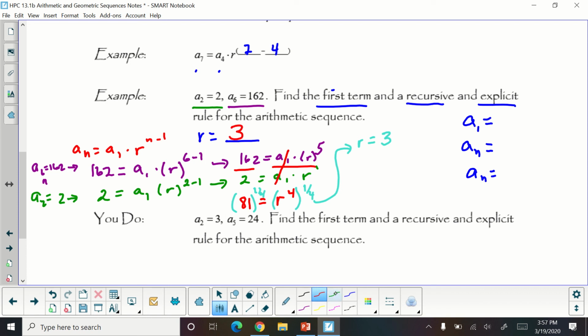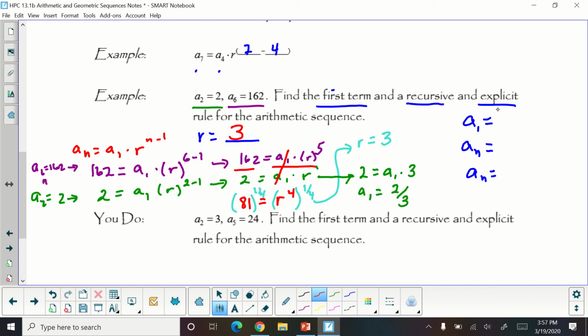I want to find what a sub 1 equals, so I'm going to take this equation just because its numbers are smaller. It would work with the other equation as well, and I'm going to write 2 equals a sub 1 times r, which is 3. Solving for a sub 1, we get a sub 1 is equal to 2/3.